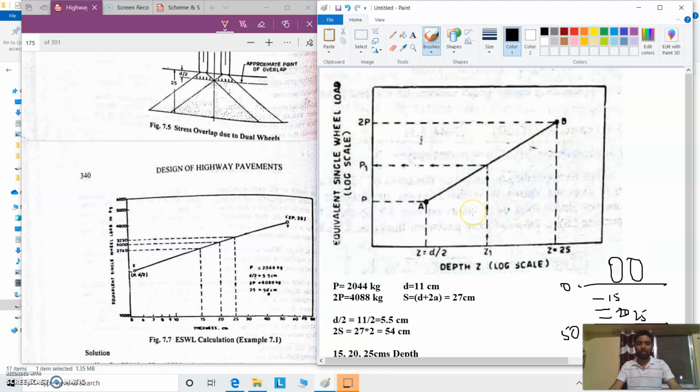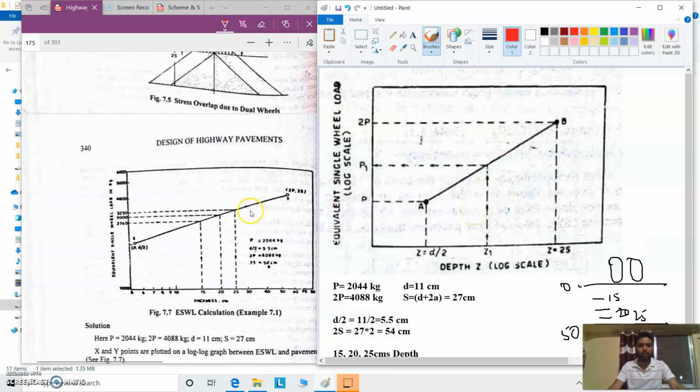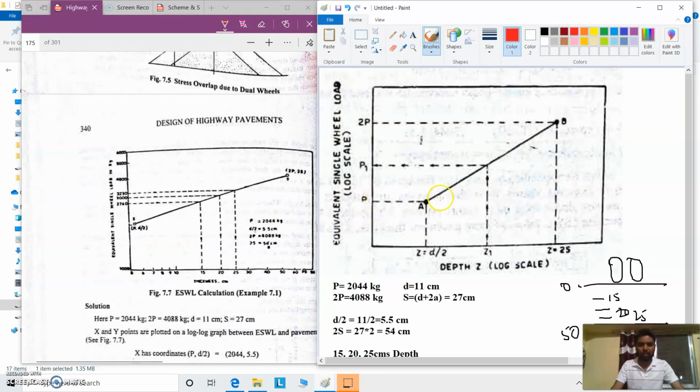And by using this graph we have to analyze this. To plot this graph we need coordinates, right? For the A coordinate we have P comma D by 2, and similarly for the B coordinate we need 2P comma 2S.